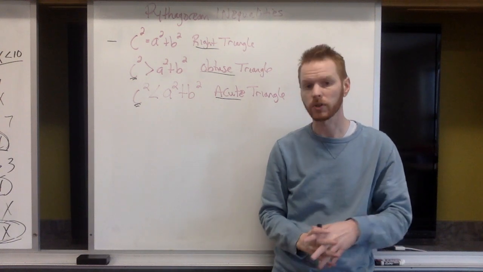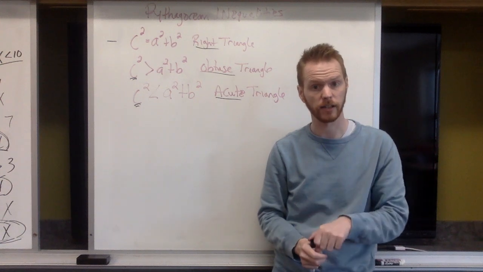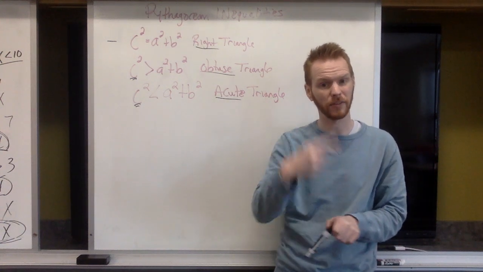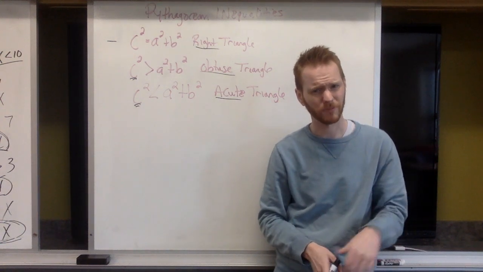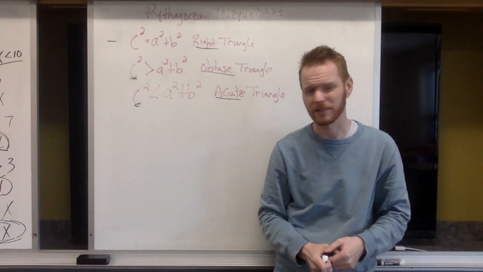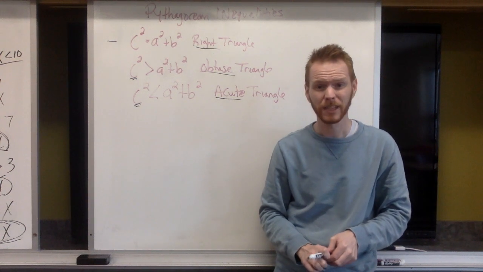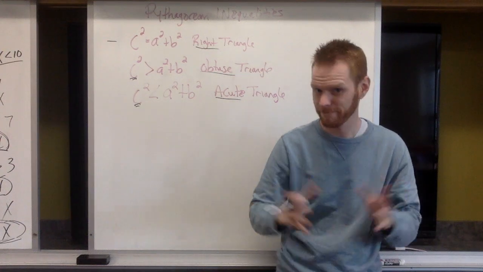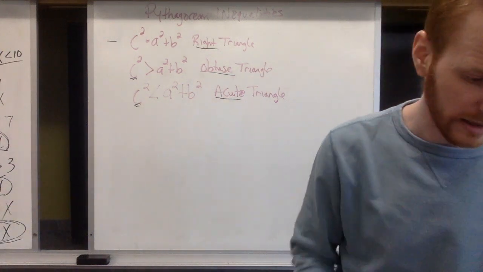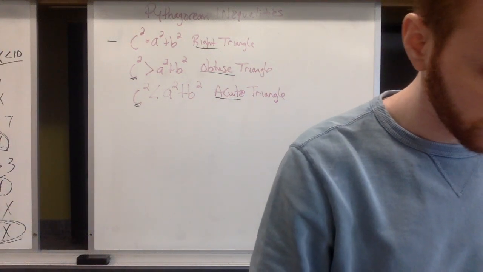Remember, acute triangle means they all are less than 90. An obtuse triangle has one angle that's obtuse. You can't have two angles that are obtuse. We talked about that in previous lessons. So we're going to do two examples with this, and that'll be it. So let's go ahead and take a look at one example.